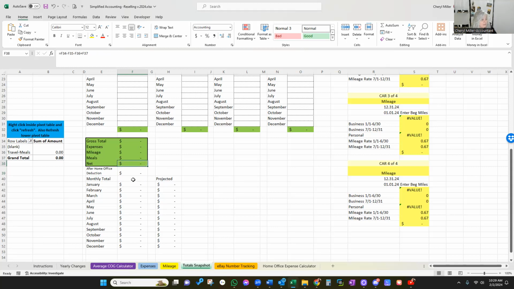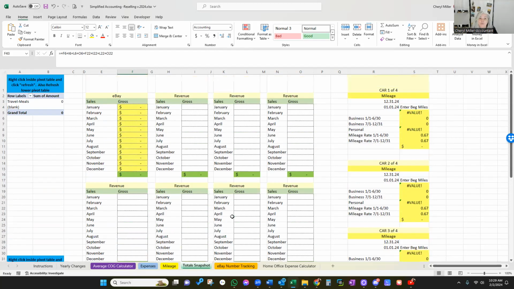And then down below, it shows your monthly totals added together, and then your projected for the year. So your January, your February, and then what your running total is to that point, and then your projected gross for the year.